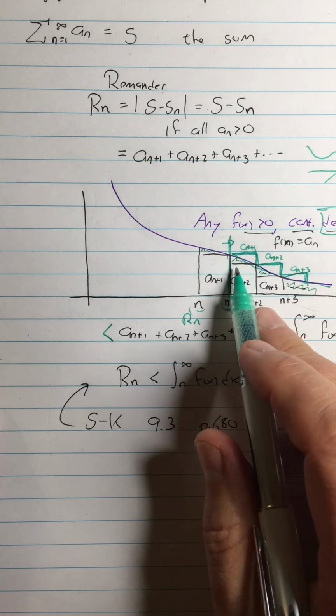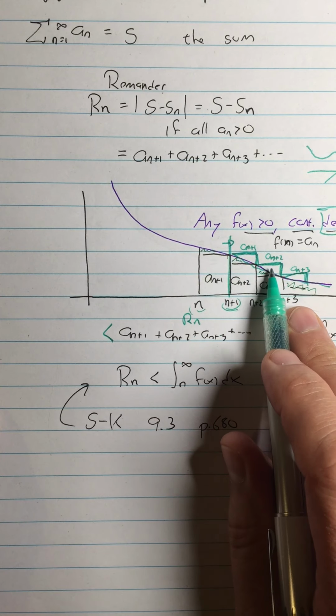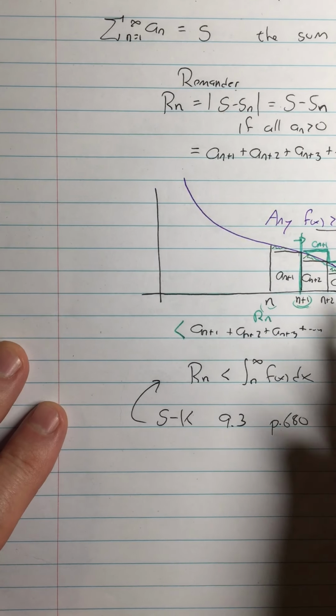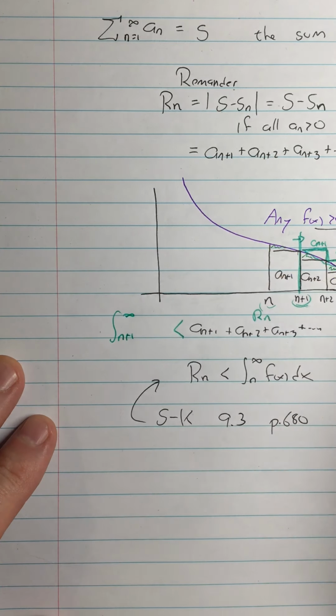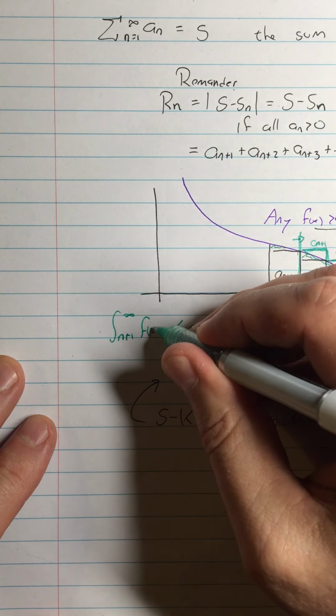Anyway, what we've concluded is that the remainder, a sub n plus 1 plus a sub n plus 2 plus a sub n plus 3, etc., is greater than the integral from n plus 1 to infinity of f of x dx.